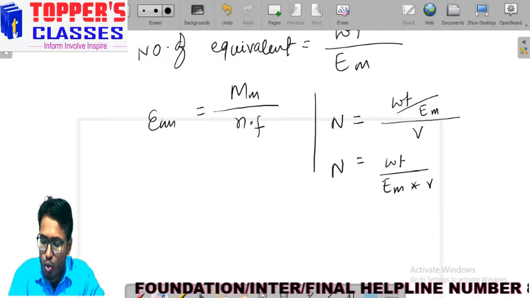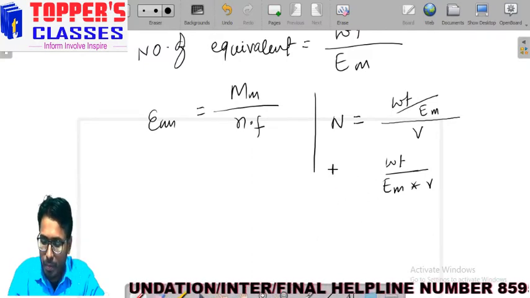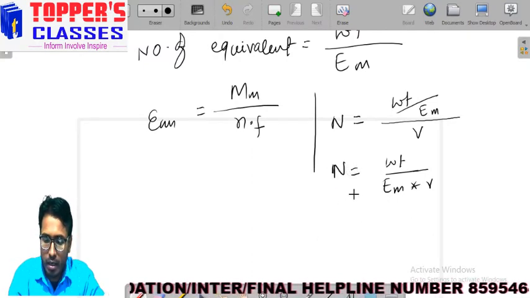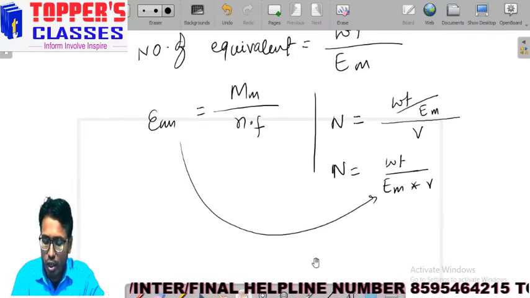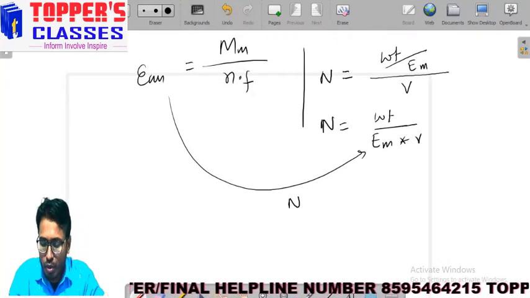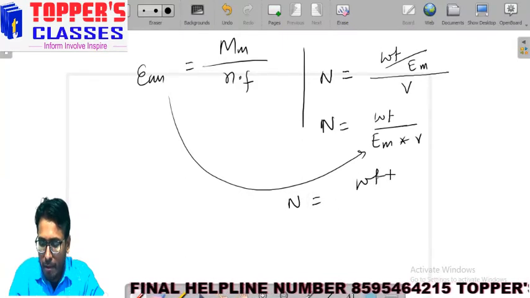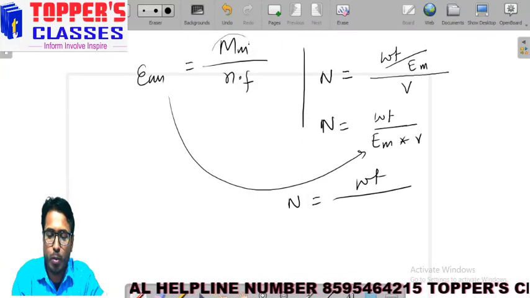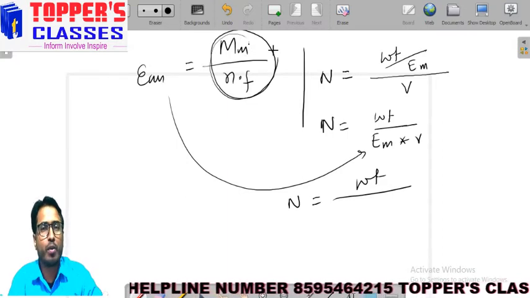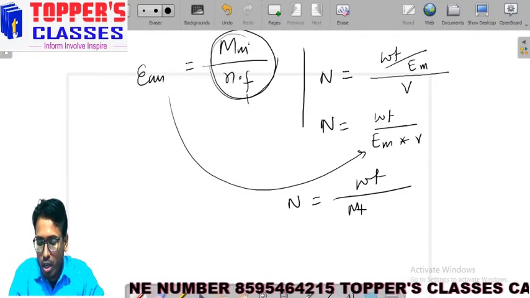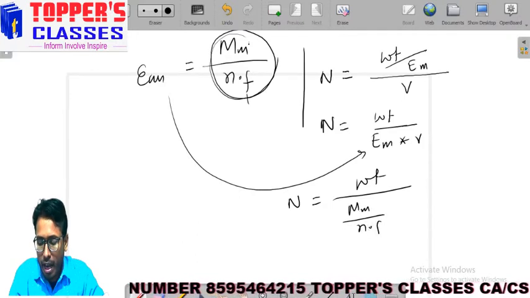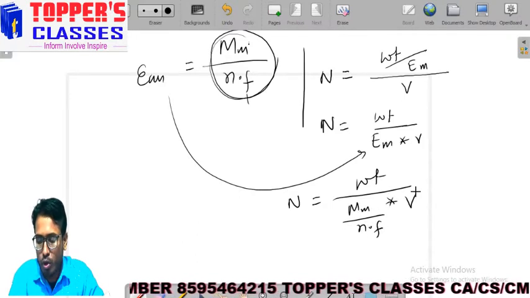Again, we can put a value in place of equivalent mass. As we know, equivalent mass equals molar mass divided by n factor. In place of equivalent mass, I am going to put molar mass divided by n factor, into volume.